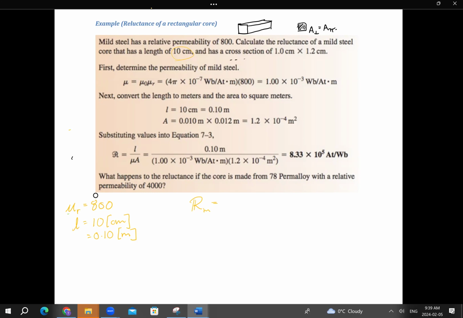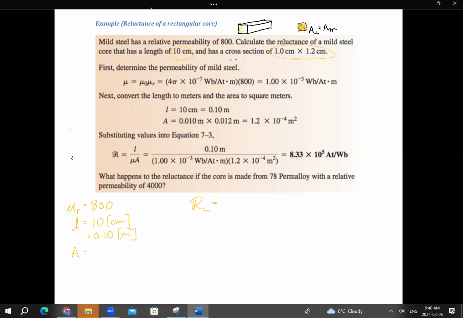So I'm going to convert that right away, is one of the steps that I take to solve these problems. And has a cross section of 1 centimeter by 1.2 centimeters. So this cross section up here is actually a rectangular cross section, not square like what I drew here. So it has a cross section of 1 centimeter by 1.2 centimeters.